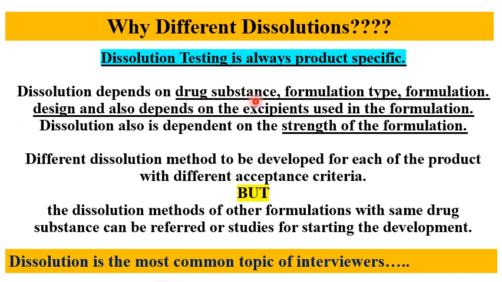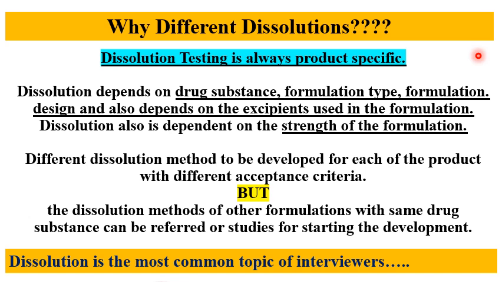Dissolution depends on the drug substance, formulation type, formulation design, and also on the excipients used in the formulation. Dissolution is also dependent on the strength of the formulation. Strength of the formulation means the amount of API in the formulation, or simply you can say the label claim. Generally, the lower strengths release the drug or dissolve faster.